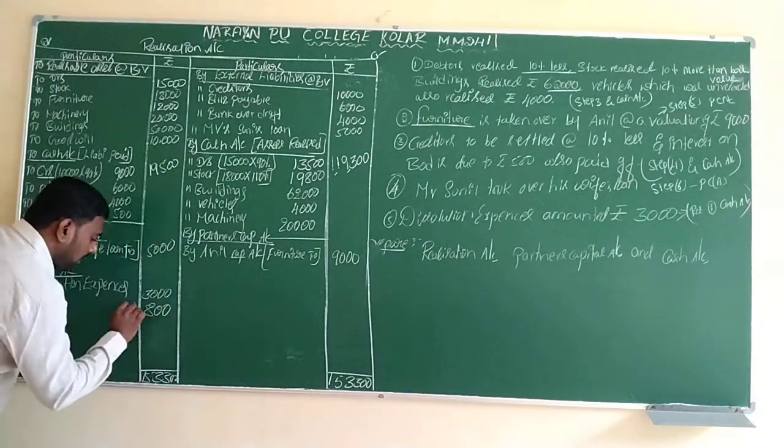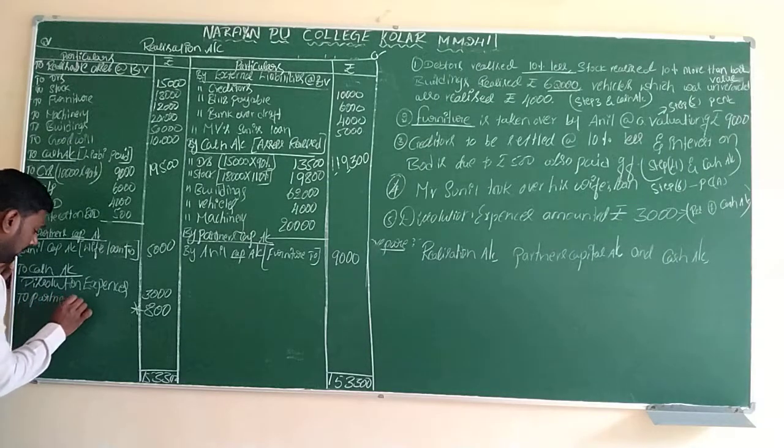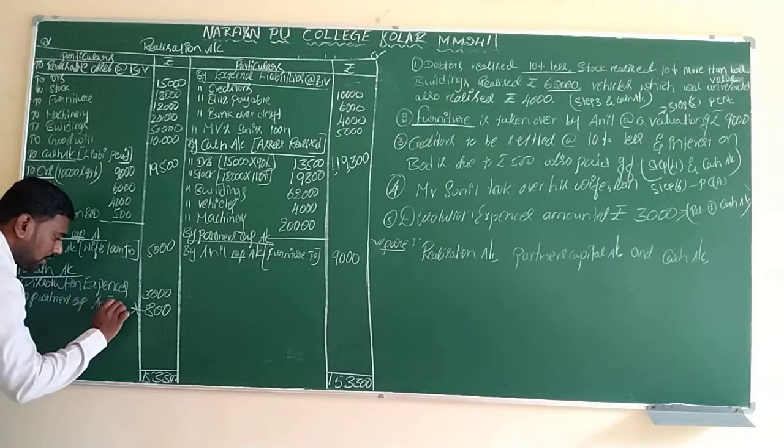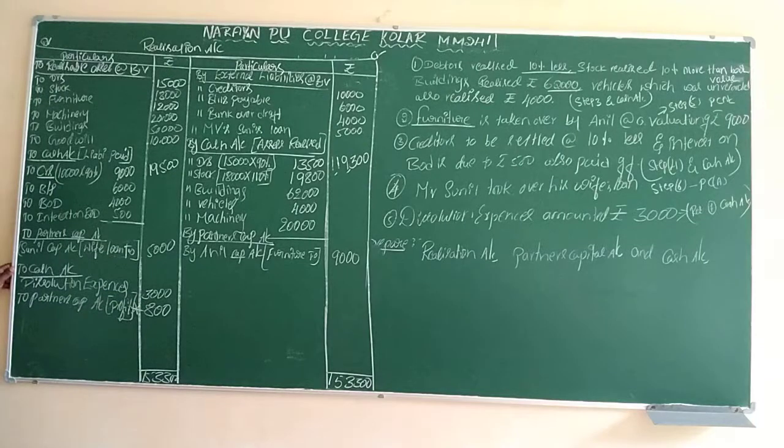We will give a name for this 800. We will give to partners capital account. In bracket we have to mention profit. What do we have to get? Profit we have to get. This profit we have to distribute between the partners, that is Anil and Sunil.